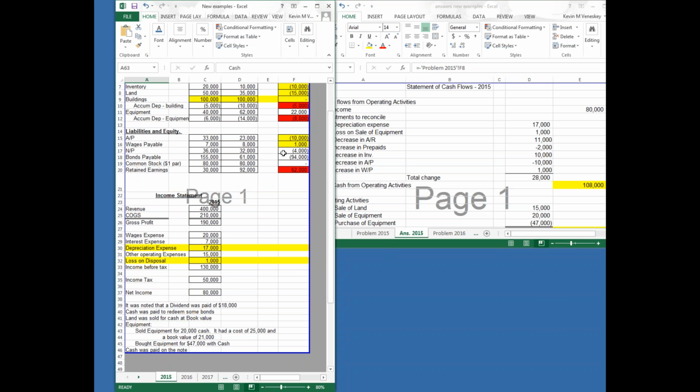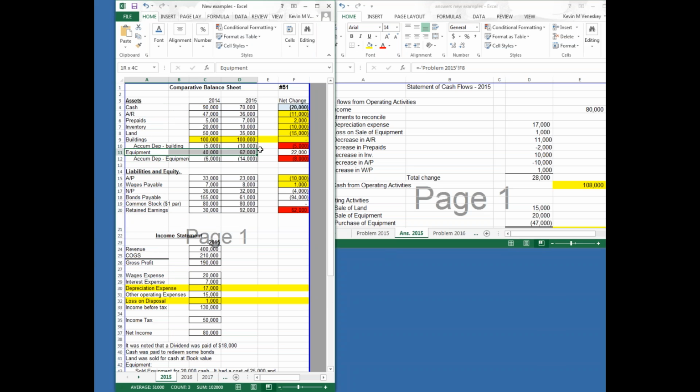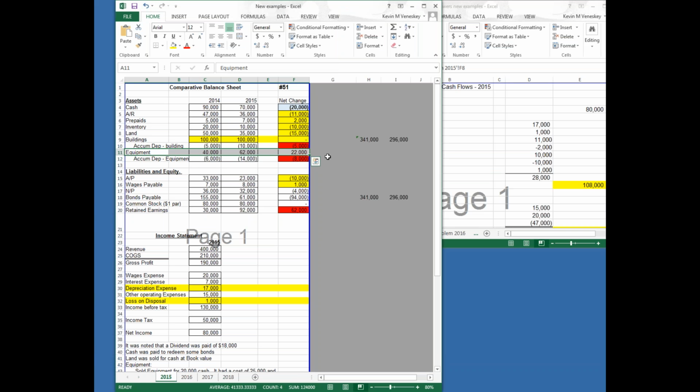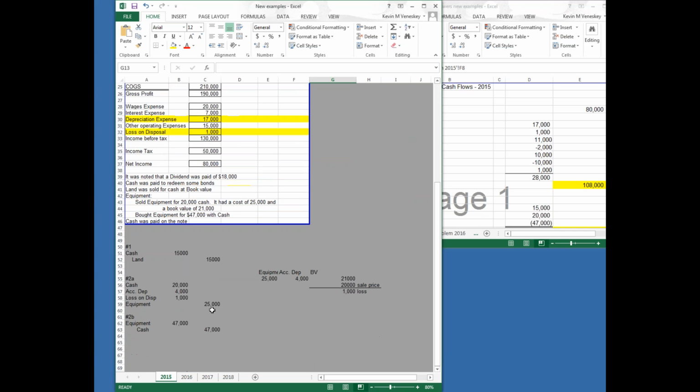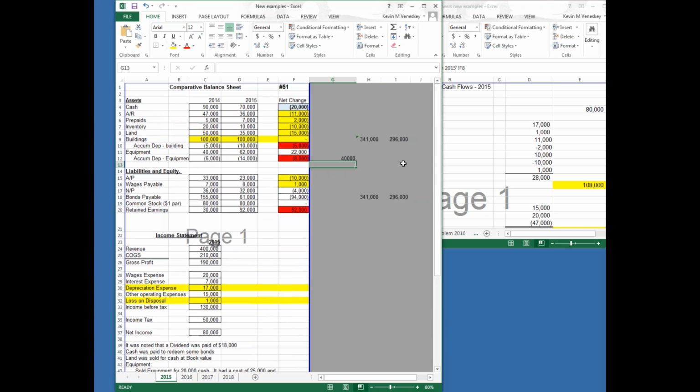I can also, if it helps you to visualize, explain at this point why my equipment went from 40 to 62. Let's just look at it off to the side here. My equipment started at $40,000. This is just a real bare bones T account. Don't ever do it like this. But I started with 40. Then remember here on my first transaction, I removed 25,000.